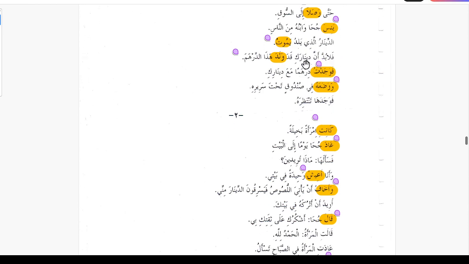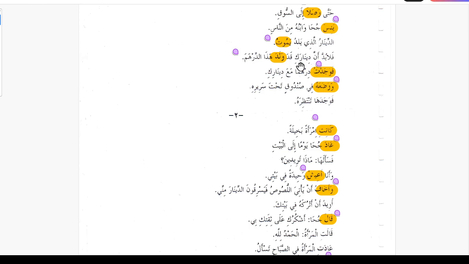Fala buddha anna dinaraka qad walada hadhad dirhama. Here the verb is walada, walada yalidu, to give birth, and the root letters are waw, lam and dal. We will study it in the lesson.